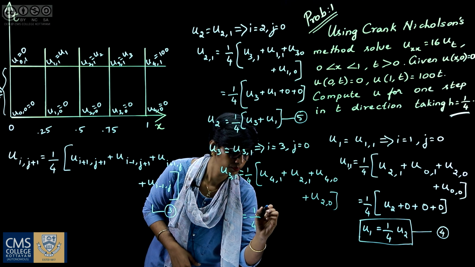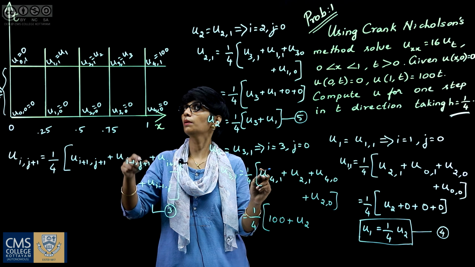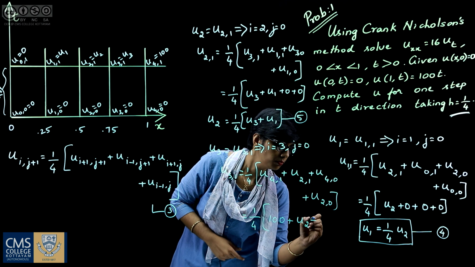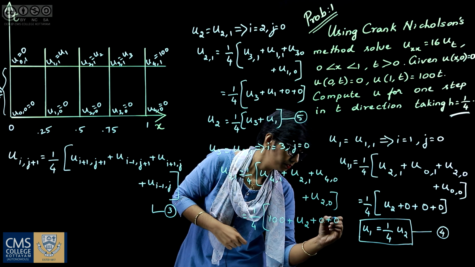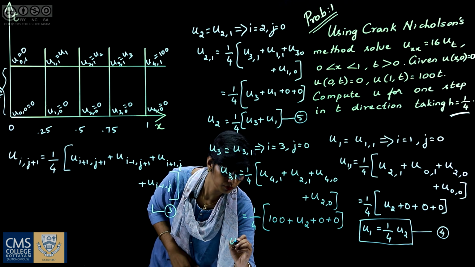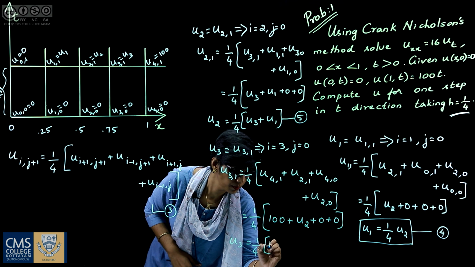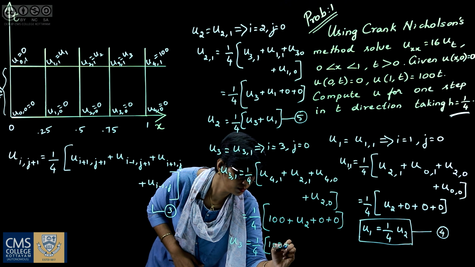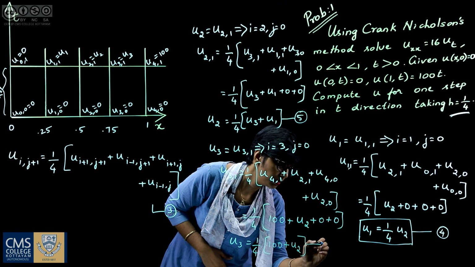So, u of 4 comma 1 is 100, u of 2 comma 1 is u2, and u of 4 comma 0 is 0, u of 2 comma 0 is also 0. So, we get u3 equal to 1 by 4 of 100 plus u2.